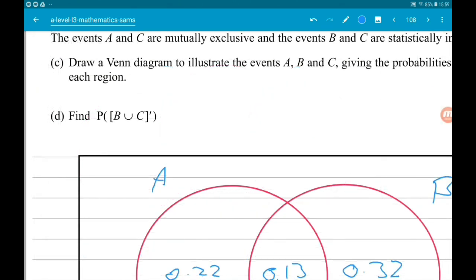Okay, then the final part wants us to find the probability of B union C all dashed.